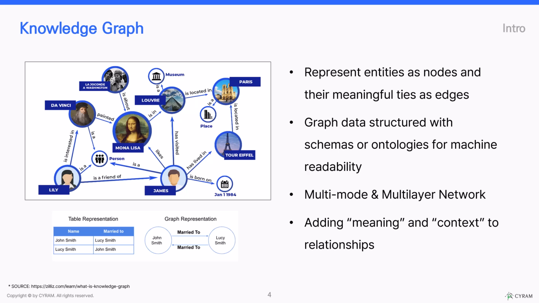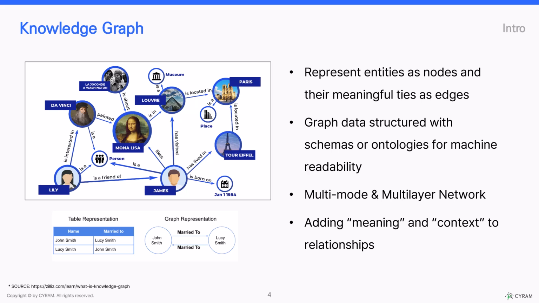For example, as you can see in the illustration, various types of real-world entities such as people, artworks, and places are represented, and the relationships among them are connected in graph form. Facts like the Mona Lisa is housed in the Louvre, Da Vinci painted the Mona Lisa, Lily is interested in Da Vinci, and James is Lily's friend are expressed as entities and their meaningful ties.